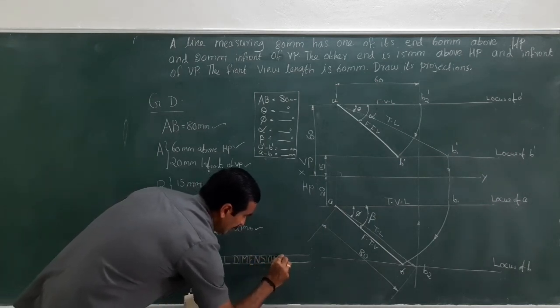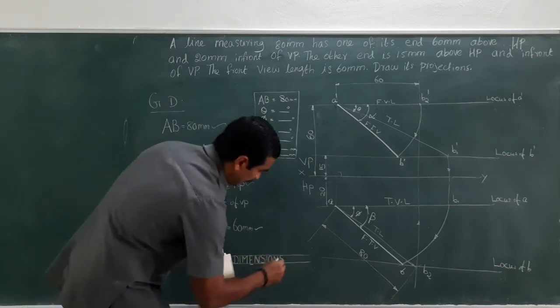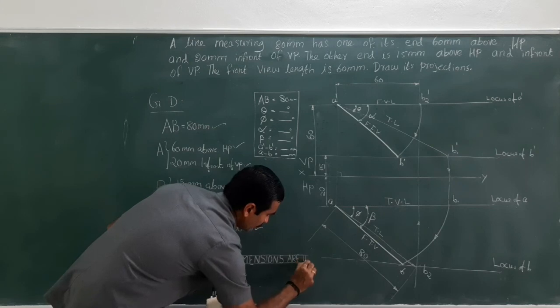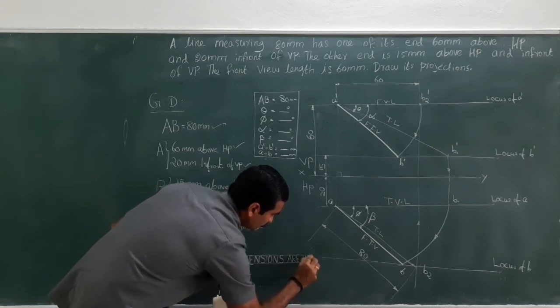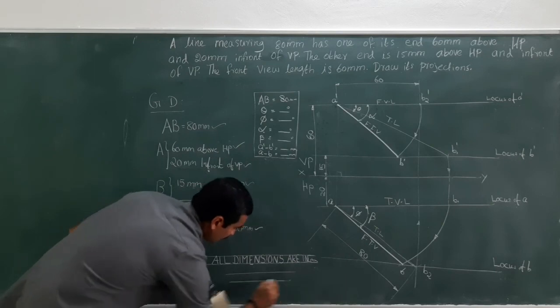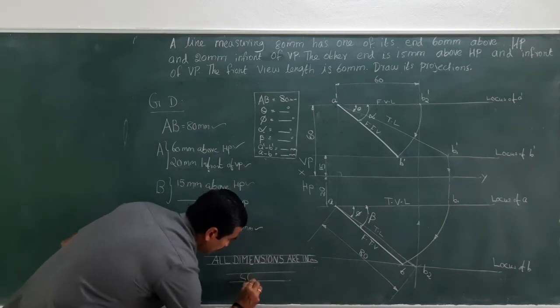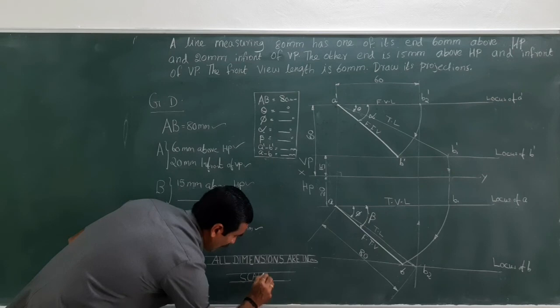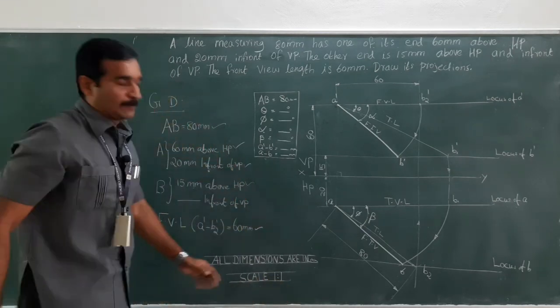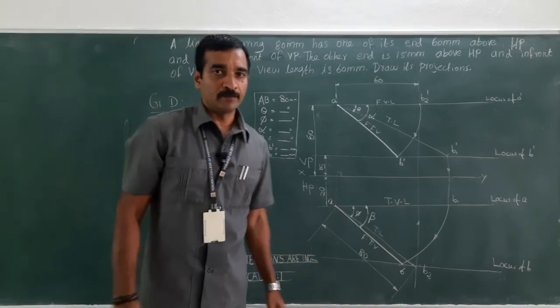That means if it is in mm, then it should be in mm. All dimensions are in mm. And the scale. So here, as such, I have not considered any special scaling. Therefore, I have considered actual measurements, so the scale is true scale, which is 1:1.